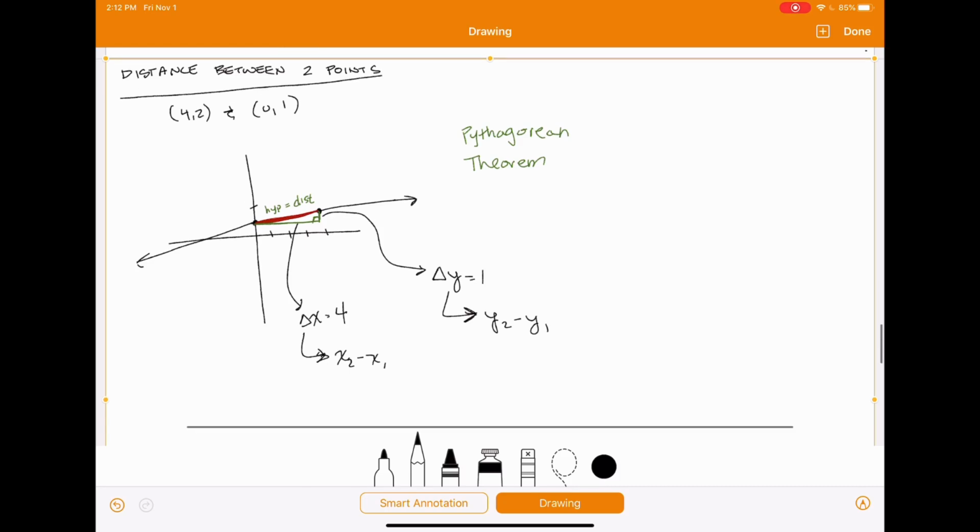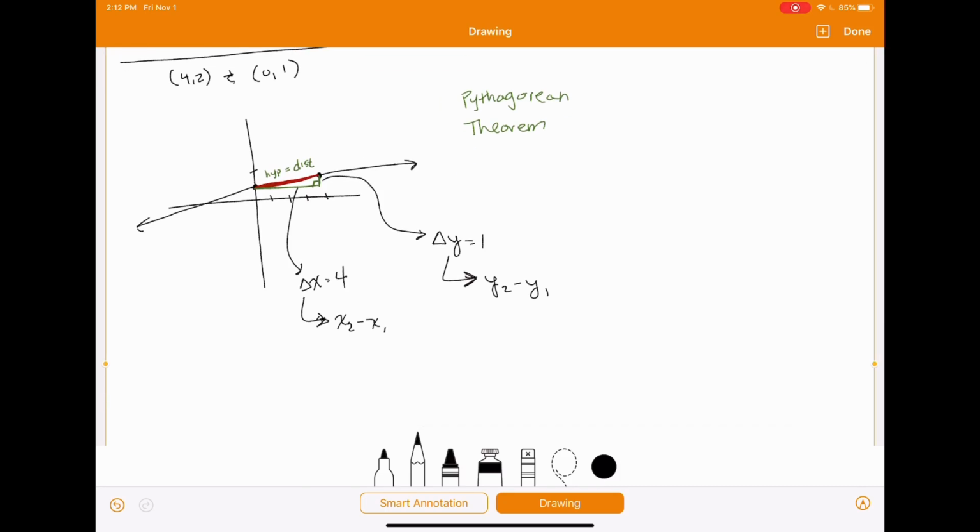All right, so if we did that out, we would get x2 is 0, and x1 is 4, so we'd get a negative 4.